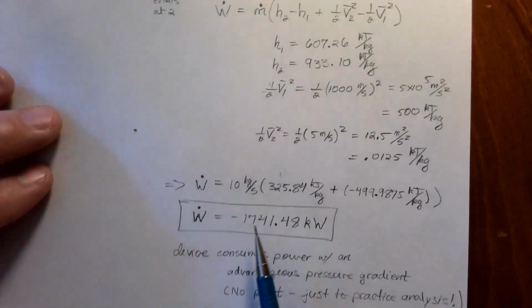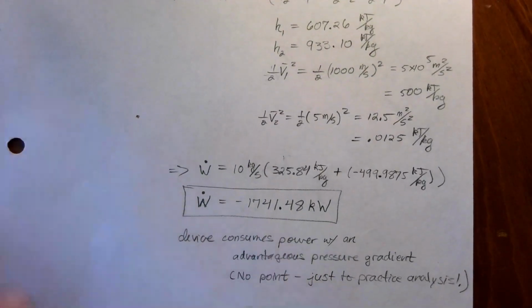If we substitute in numbers for that, we get minus 1741.5 kilowatts. So this device consumes power, even though the flow has an advantageous pressure gradient. So the truth is, from a mechanical engineering perspective, this device doesn't have much use, but that wasn't the point of it. The point was to give us something to apply the first law and the second law and evaluate.